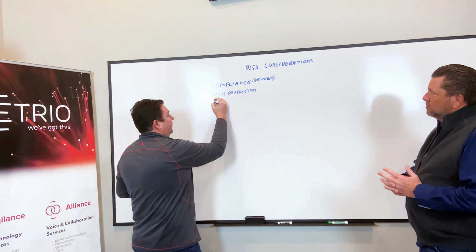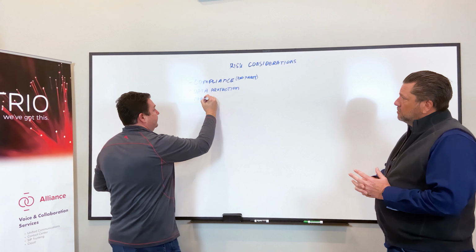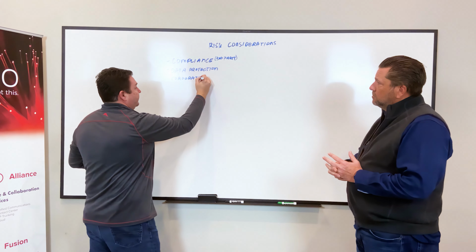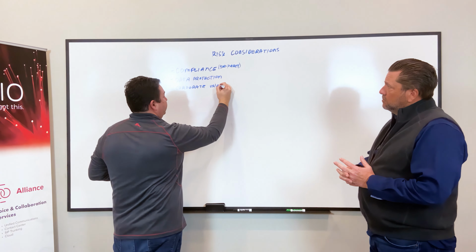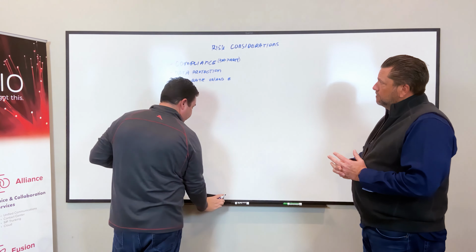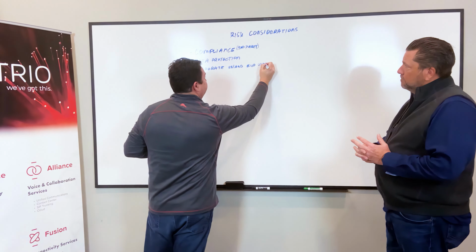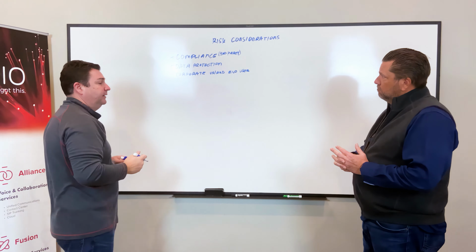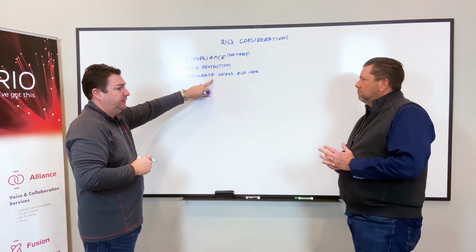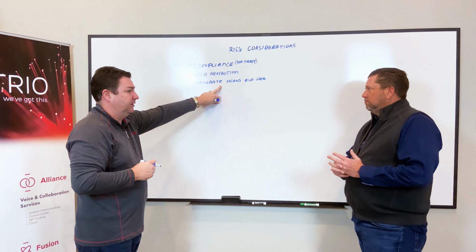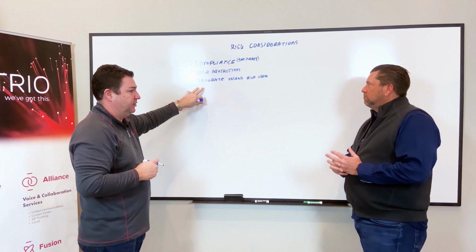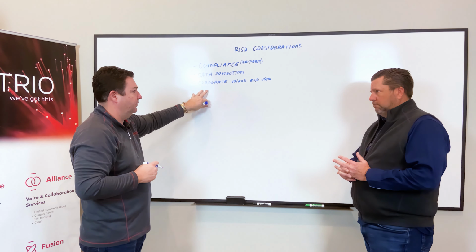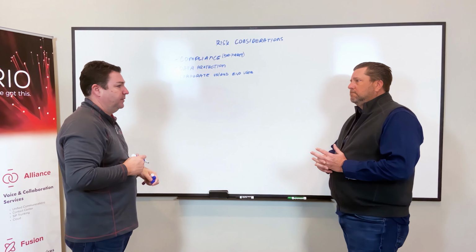So I think you've got an opportunity here to say corporate versus end user, right? Because the corporation has to have a certain amount of governance and control around the data and its protection and how you access networks and everything else. But the end user also has a responsibility there.